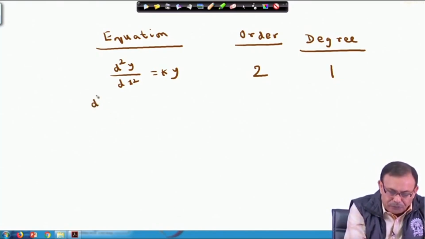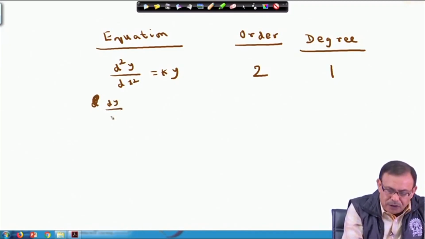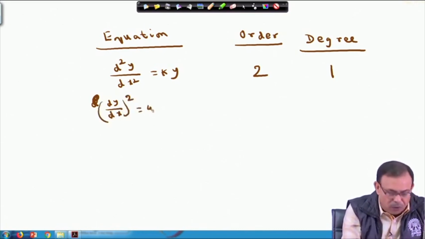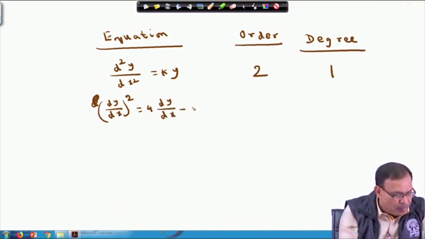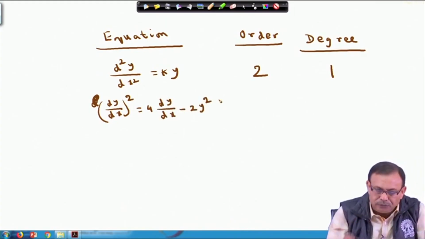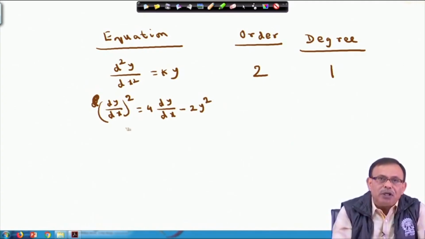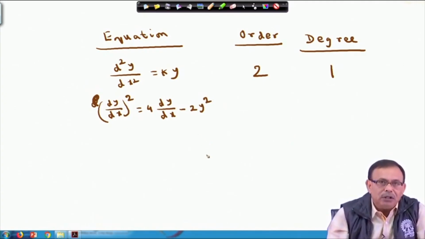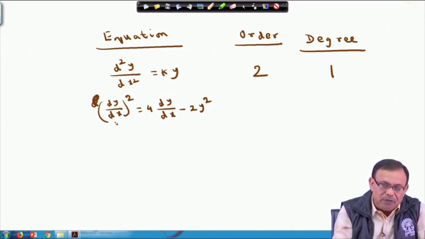Similarly, say we have an equation (dy/dx) whole square equals 4 into dy/dx minus 2y square. So, what is the highest order derivative appearing?